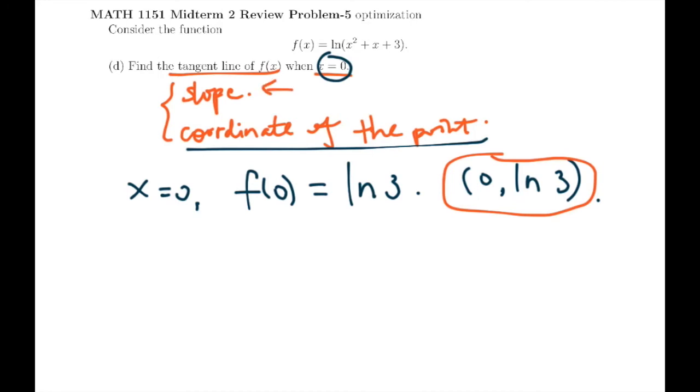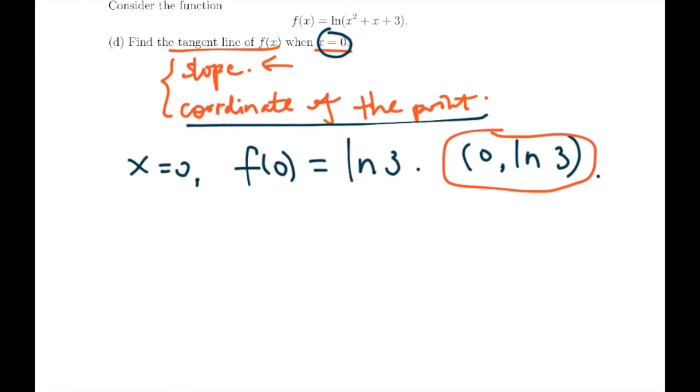Alright, next we're going to tackle the first part, that is the slope. Remember, the derivative can be interpreted as the slope of the tangent line. So basically, the slope is equal to f prime, because we care about when x is equal to 0, which means we're going to have f prime of 0.